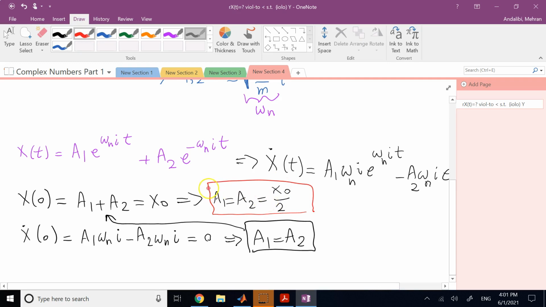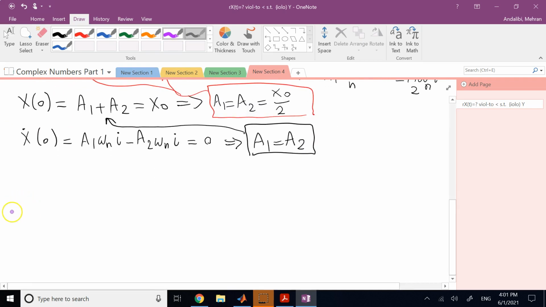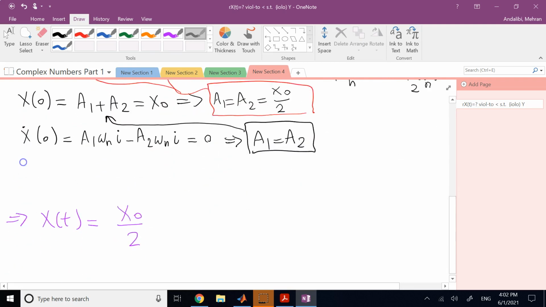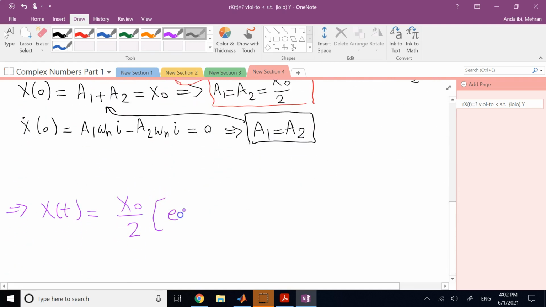And now I'm going to plug them back into my equation for x. Let's see what I get if I do that. So now I will get x of t to be equal to, both of them have x naught over 2, so I write it, and then it is going to be the addition of those two exponentials.